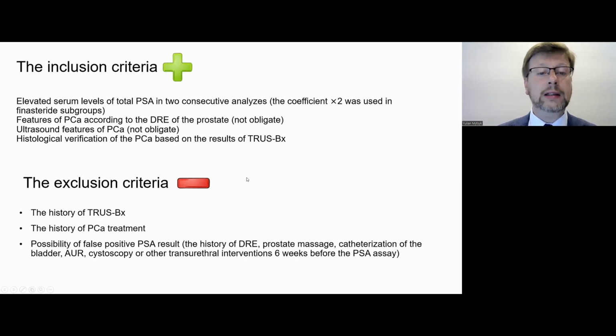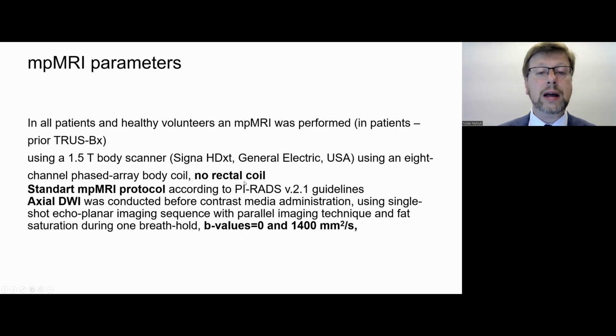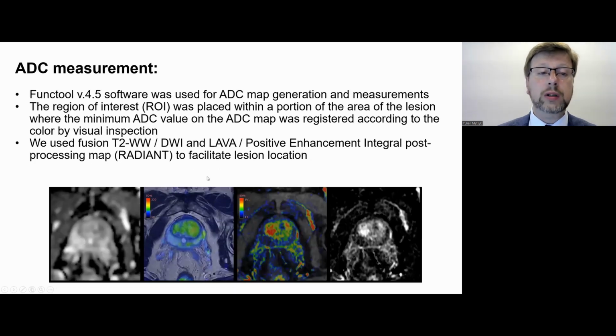The inclusion and exclusion criteria are demonstrated on this slide. We used a 1.5 Tesla scanner with an 8-channel phased array without rectal coil, and a standard multiparametric MRI protocol according to the latest PI-RADS guidelines was applied. DWI was used before the contrast administration, and this sequence was performed using high b-values.